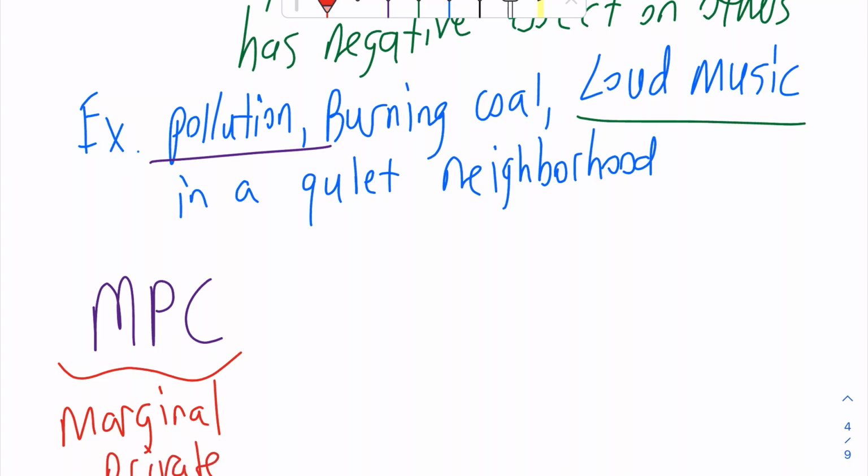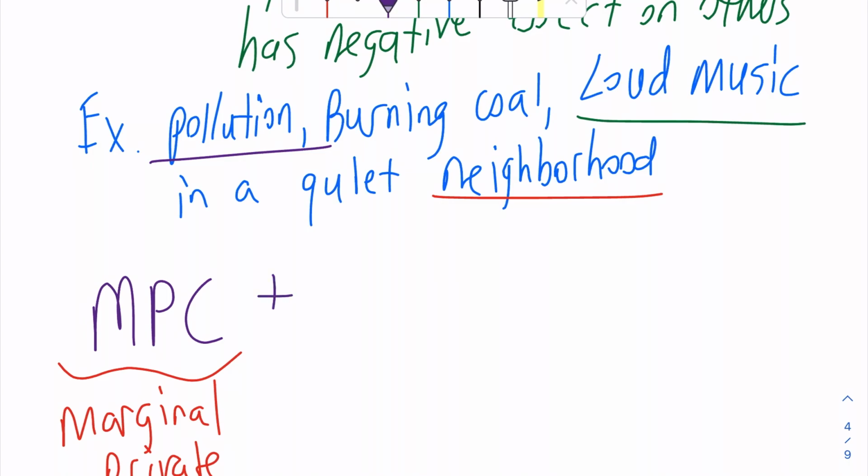And then because you're having a cost to other people, your decision is having a negative effect on others by you playing loud music. That costs you money and is costing your neighbors something. Your neighbors don't like it, so it's a negative effect on others.